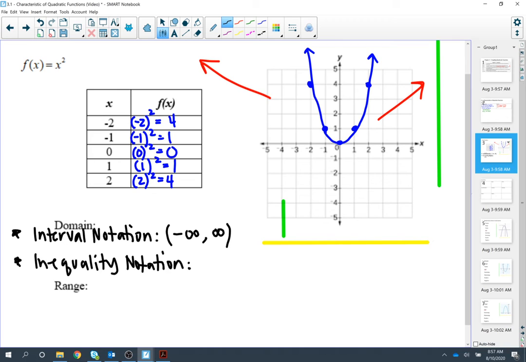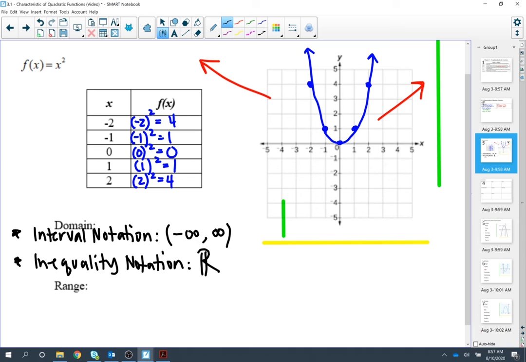Okay, now inequality notation here, that would be x is greater than, x is less than, something like that. But because we have -infinity to infinity, we're just going to write this fancy looking R, which means all real numbers. Okay, so your domain is all real numbers. It goes the whole way left to -infinity, the whole way right to positive infinity.